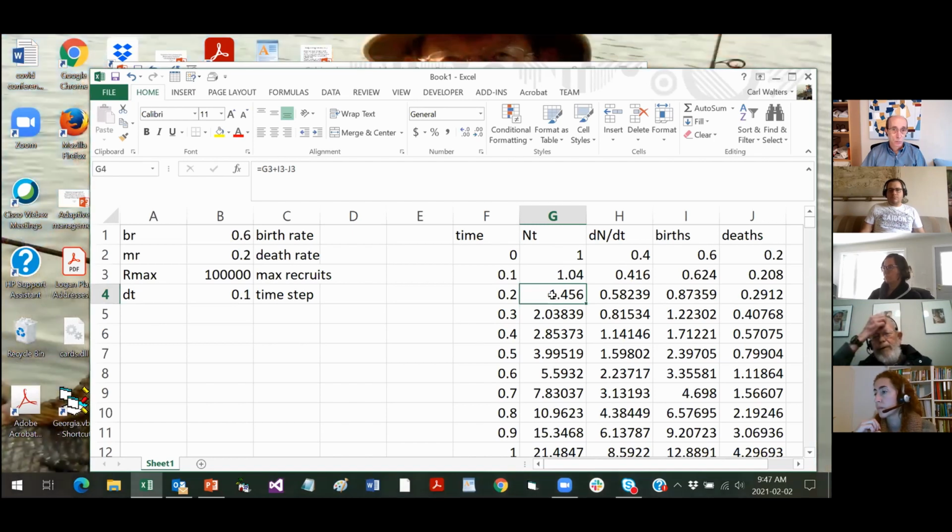Then for every time step after that, I'm going to use the Adams-Bashforth formula, and you can look this up afterward from the PowerPoint and put it in your own models.